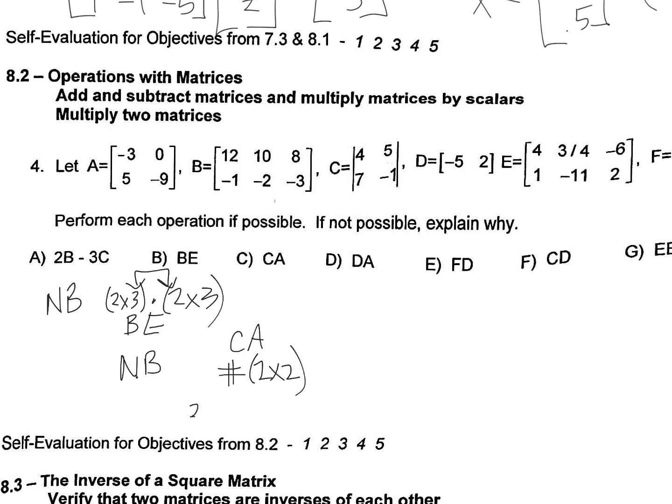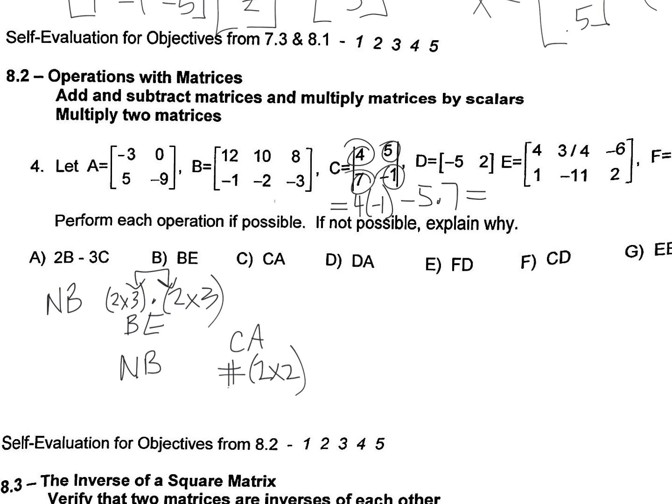So let's go and write that out. So I have 2 times matrix A. Oh, oops, I'm sorry. We want to get the determinant of C first, so we can go ahead and calculate that. I'll do it up here. It's 4 times negative 1 minus 5 times 7. Right, we go that one times that one, AD, minus that one times that one, BC.